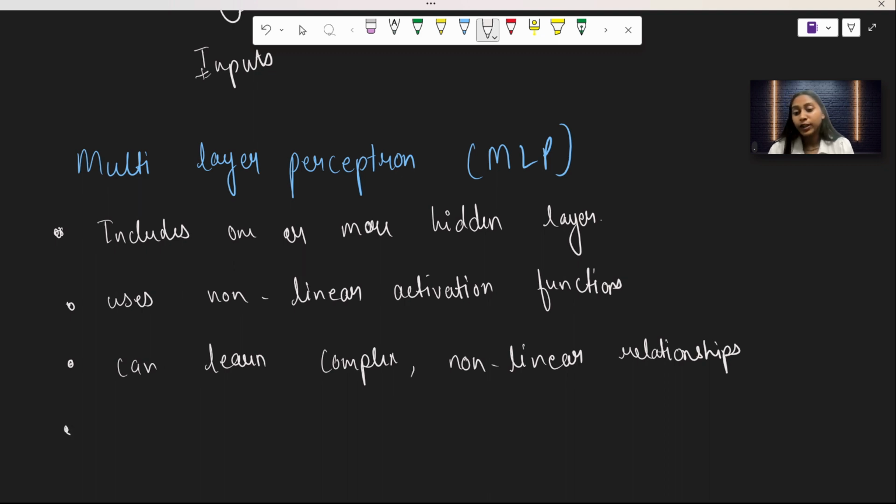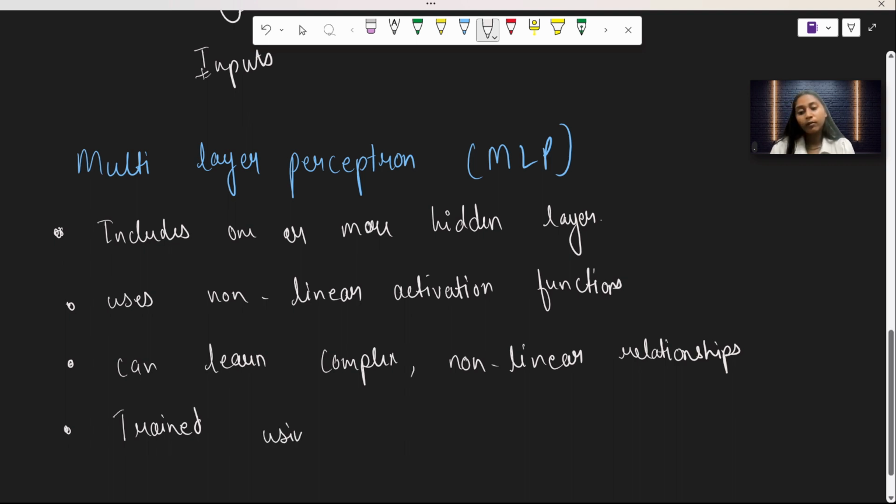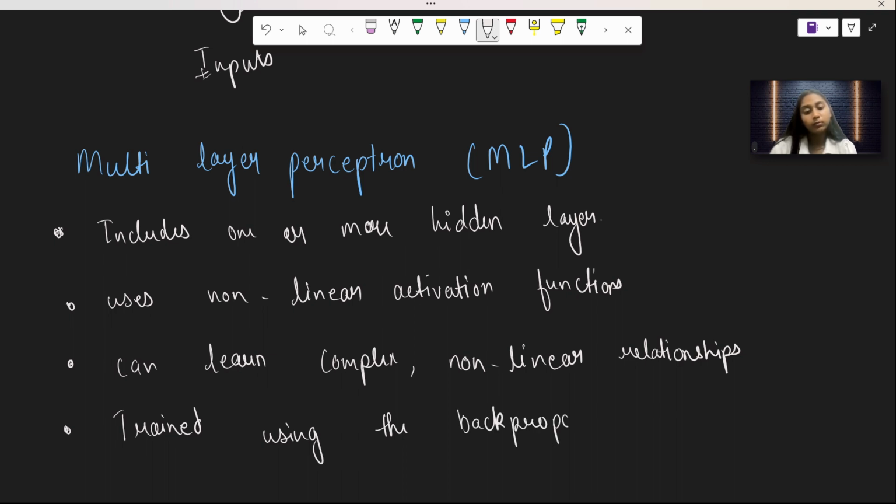Yes, these are trained using the backpropagation.